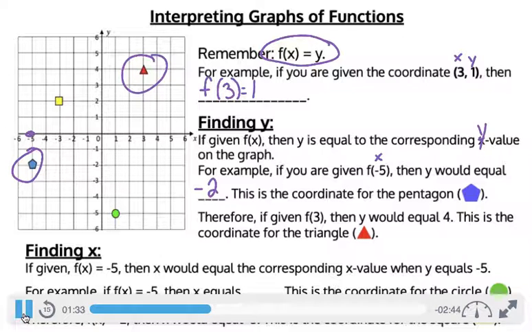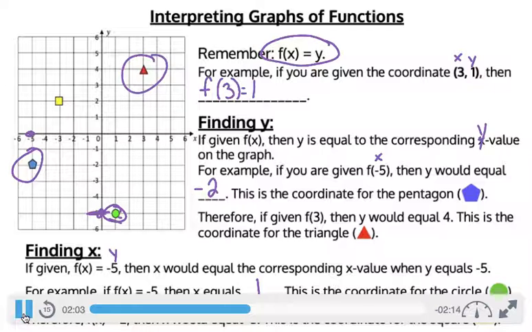And the same is true if you are trying to find x. So say, for example, you are given f of x equals -5. Well, -5 is your y value. We need to find the corresponding x value. So if we look for -5 along our y-axis, which is right here, the corresponding x value for that is 1, because where y is -5, we have a shape where x is 1.